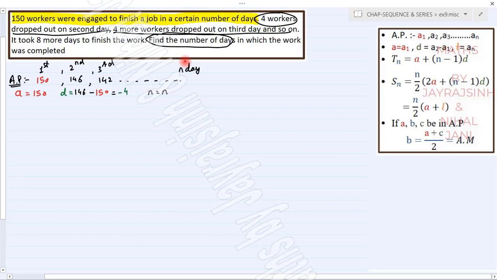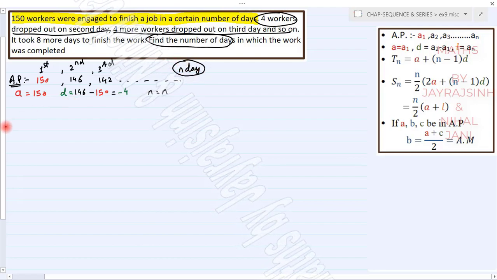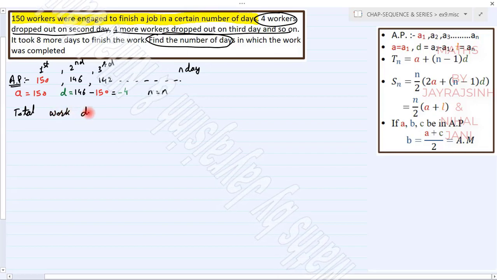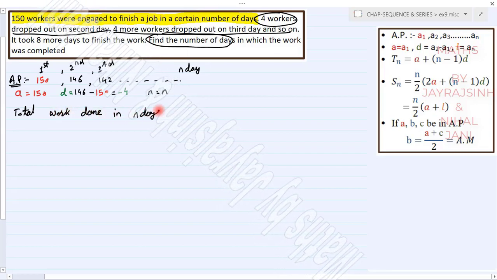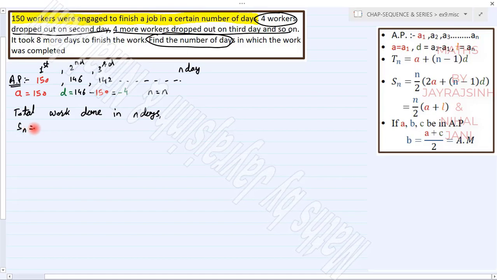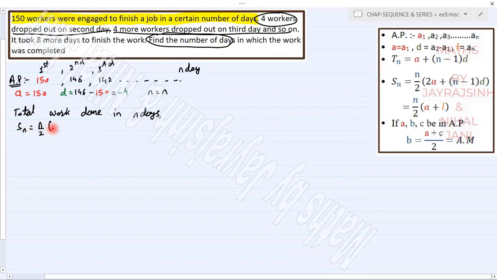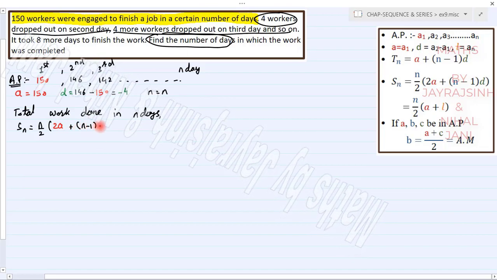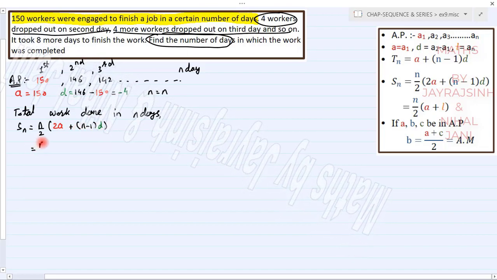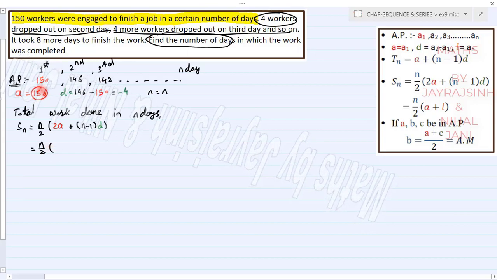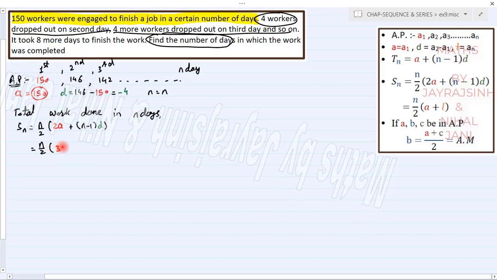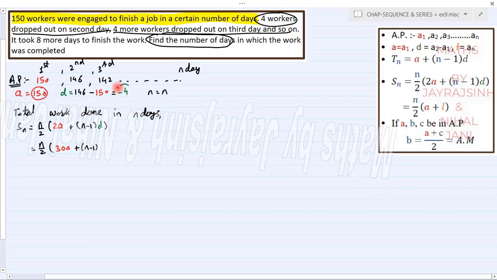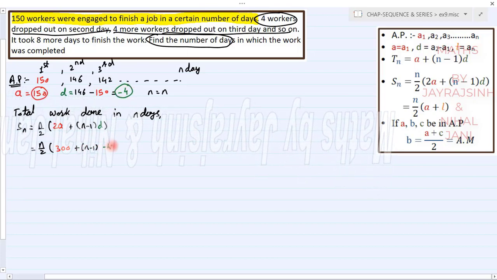Now we assume that the work is complete in n days. So the total work done in n days can be found using Sn, which is n by 2 into 2a plus n minus 1 into d, where a is 150, so this will become 300 plus n minus 1 times the common difference, -4.